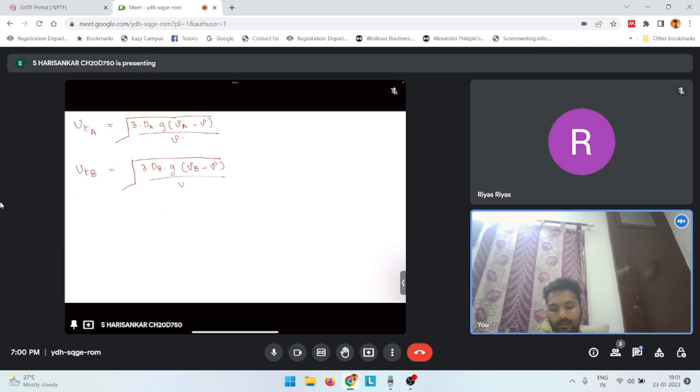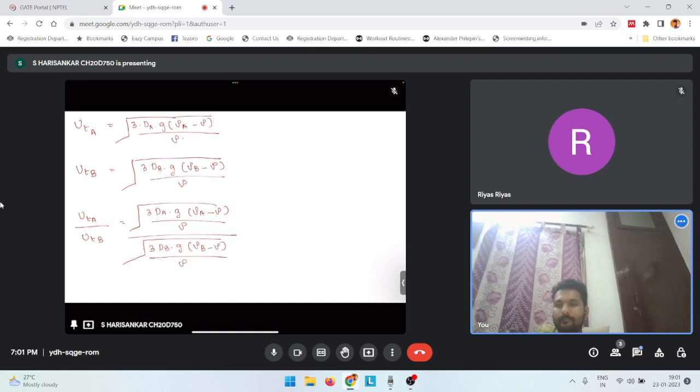So what we have to find here is the ratio of these two settling velocities, which is UTA by UTB, and that will be equal to root of 3 dA into G into (rho A minus rho) by rho, divided by root of 3 dB into G into (rho B minus rho) by rho.